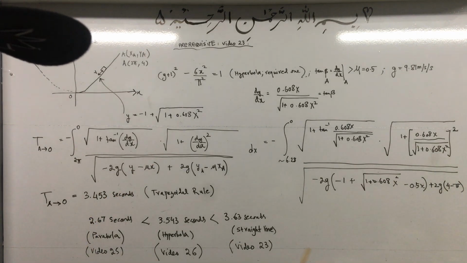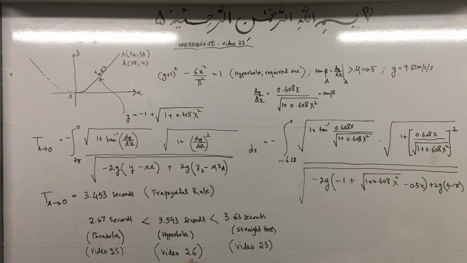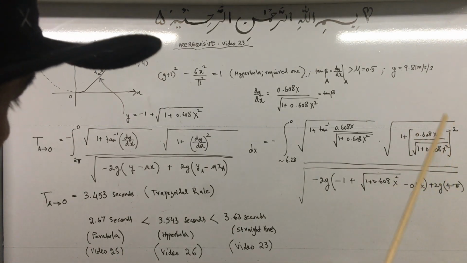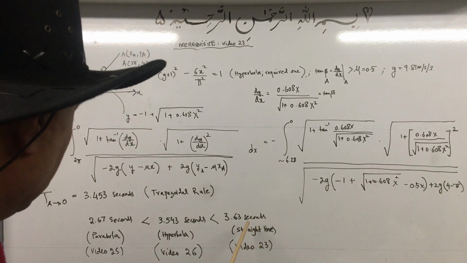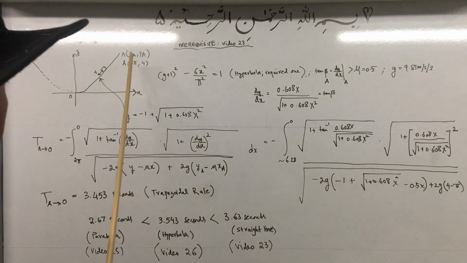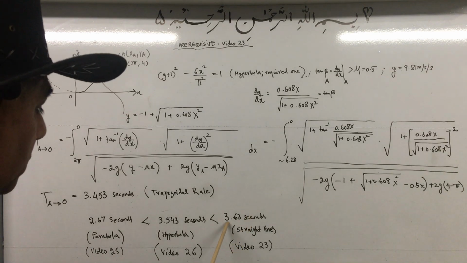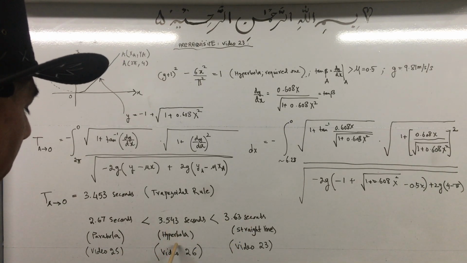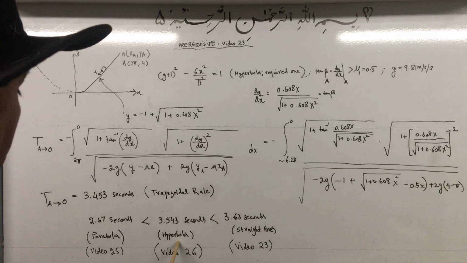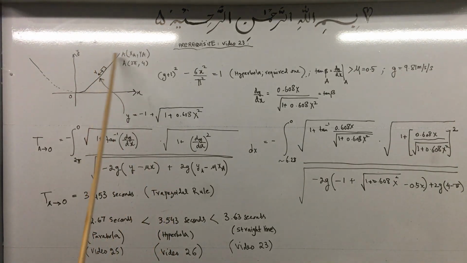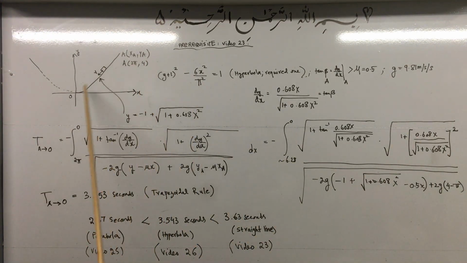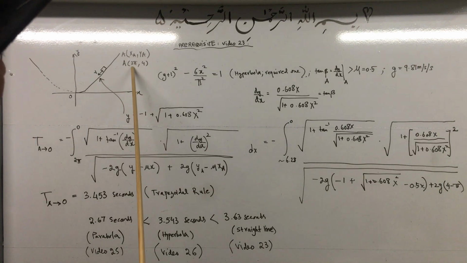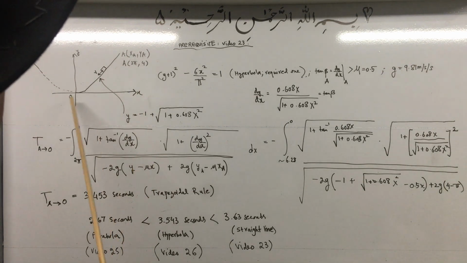So in my video 23, 25 and 26, you can see that the time it takes to slide down on a straight line is greater than the time it takes to slide down on a hyperbola. These curves are compared between the same points, 2 pi meter and 4 meter, and 0, 0.